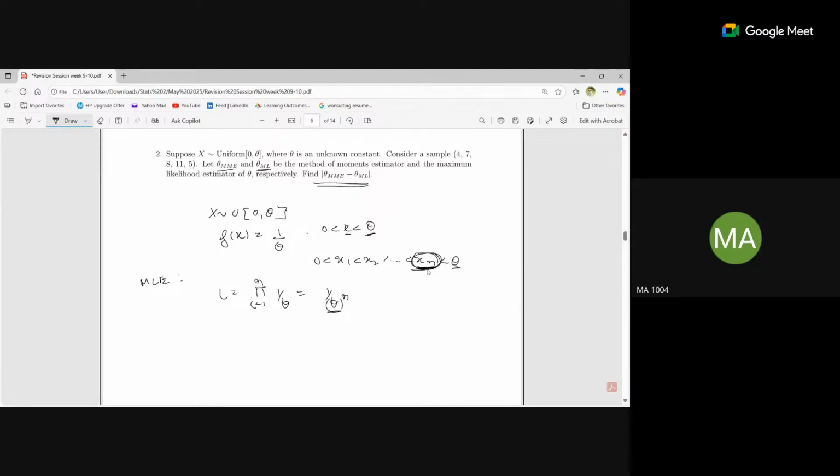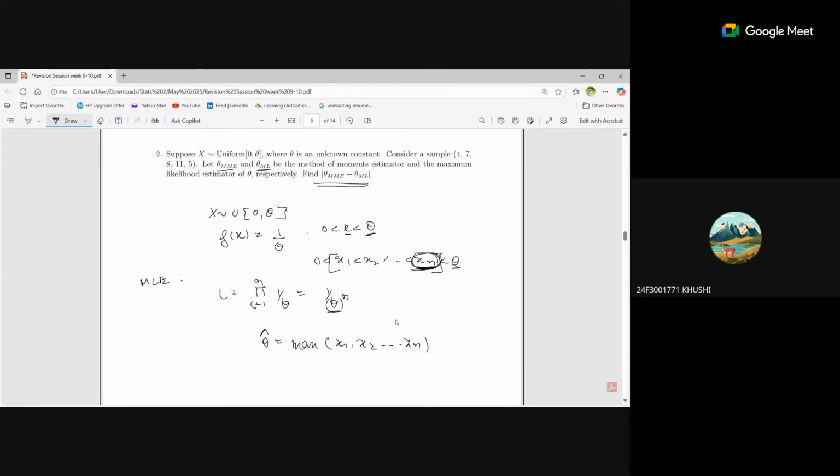So this xn is basically the maximum of all the samples. That's why my parameter theta is the maximum of x1, x2, up to xn. Got the point? Yes or no?